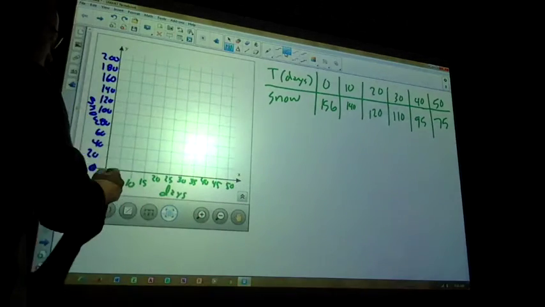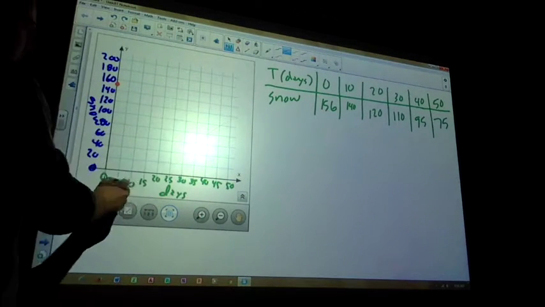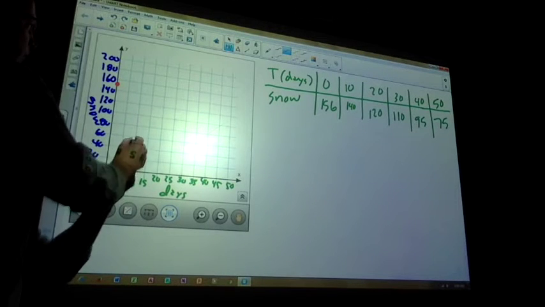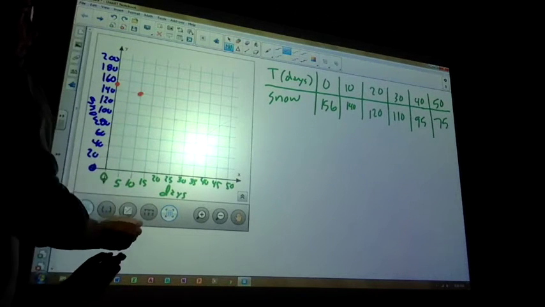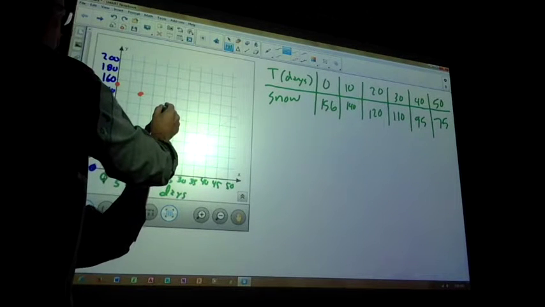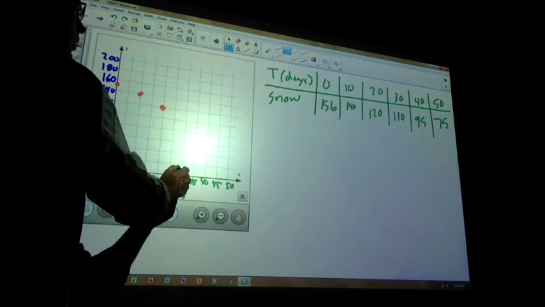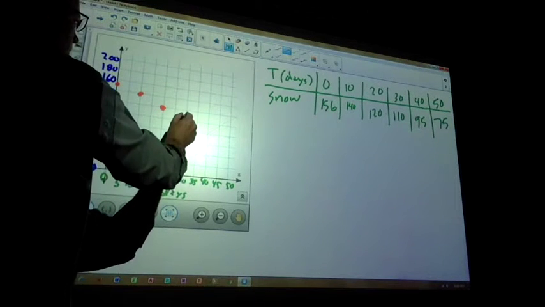So at 0 days, we're at 156. At 10 days, we are at 140. At 20 days, we are at 120. At 30 days, we're at 110.